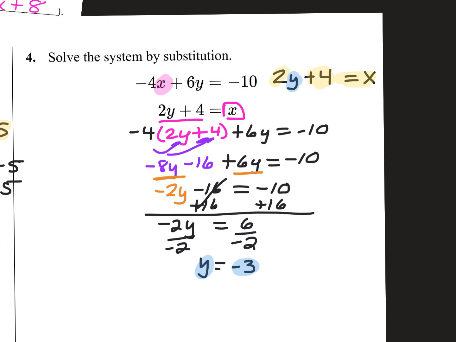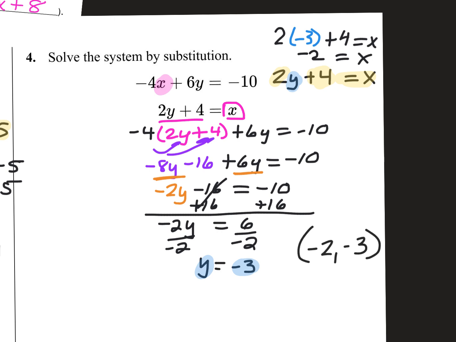So I'm going to kind of write it at the top because I realize I didn't really give myself enough room here. So 2 times negative 3 plus 4 is negative 2. So my x-coordinate is a negative 2. So my solution is a negative 2, comma, negative 3.